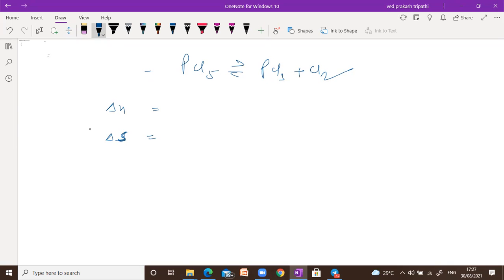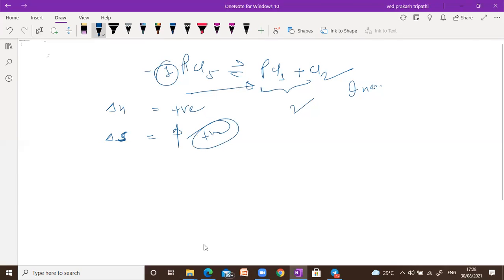Yes, this is endothermic because this is dissociation. Endothermic means delta H is positive. Very good. And what about entropy? The product has 2 moles, the reactant has just 1 mole. So moles are increasing, which means entropy will increase. So both will be positive. Perfect.